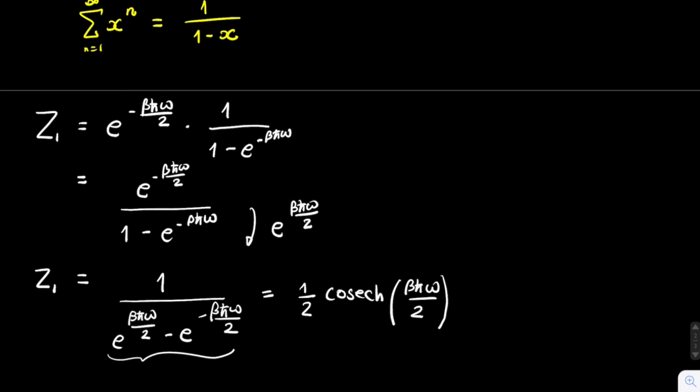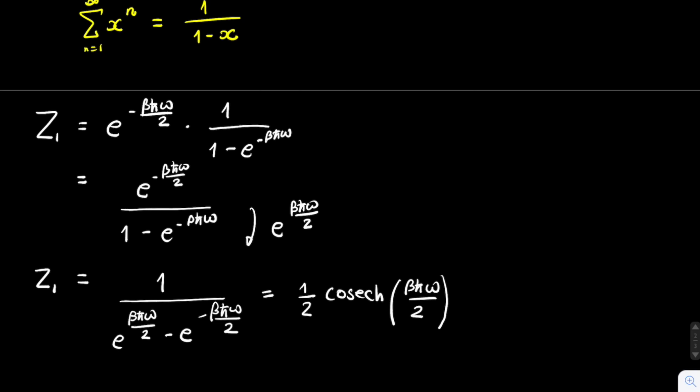This right here is actually the definition of the cosec function. If you happen to remember that, then well done to you. But this is actually the cosec of this term right here.